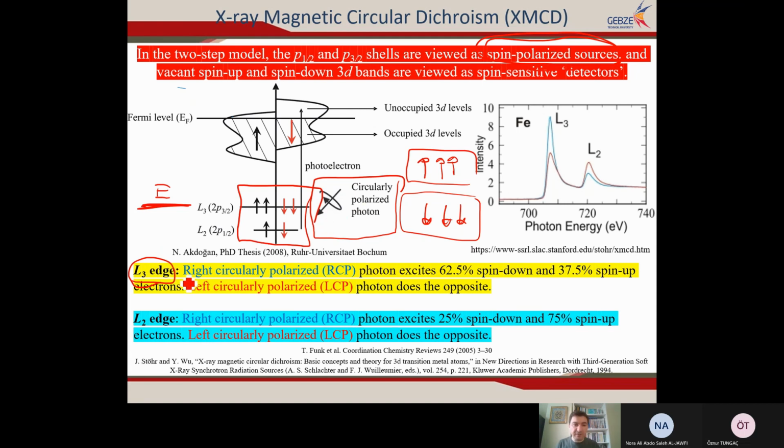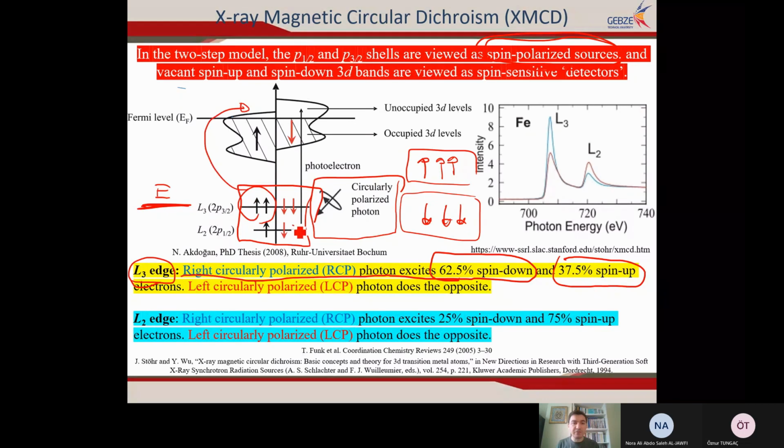So if you send right circularly polarized light, then this photon excites 62.5% spin down and 37.5% spin up electrons. So you can excite less spin up electrons and more spin down electrons from the L3 edge if you use right circularly polarized light.